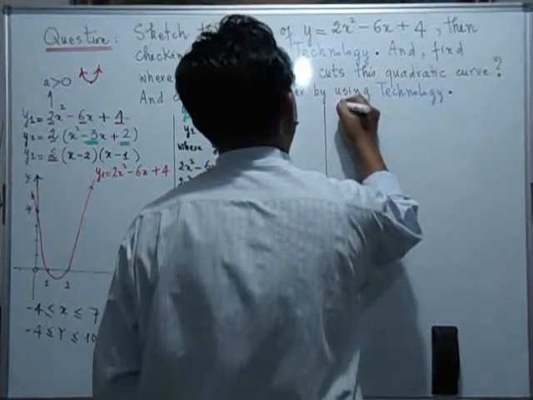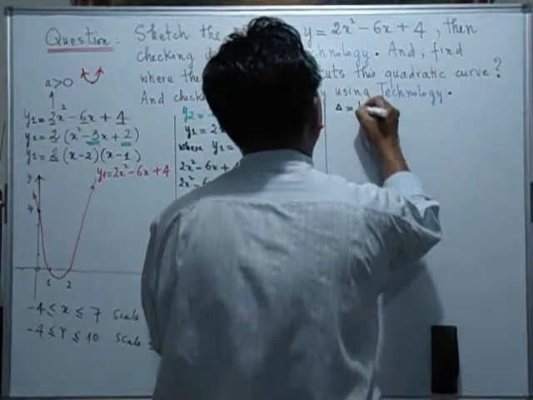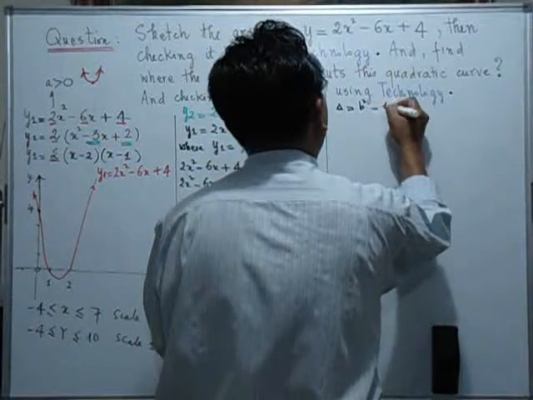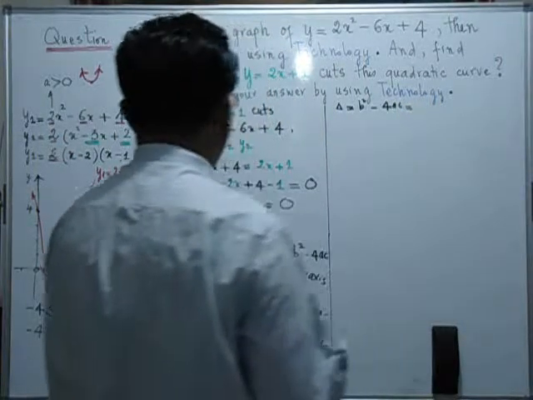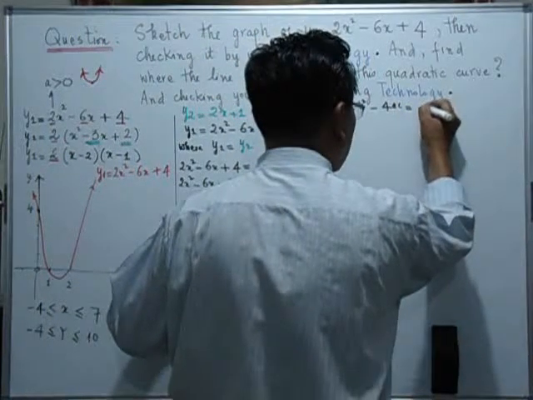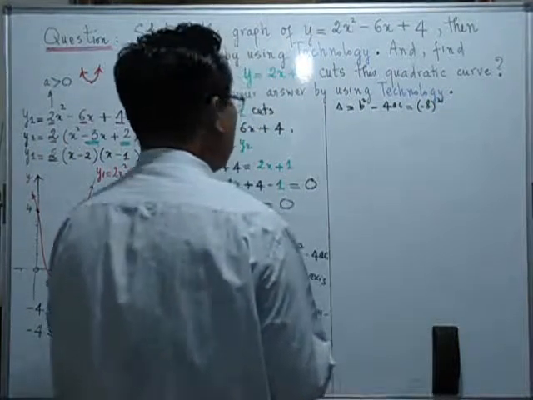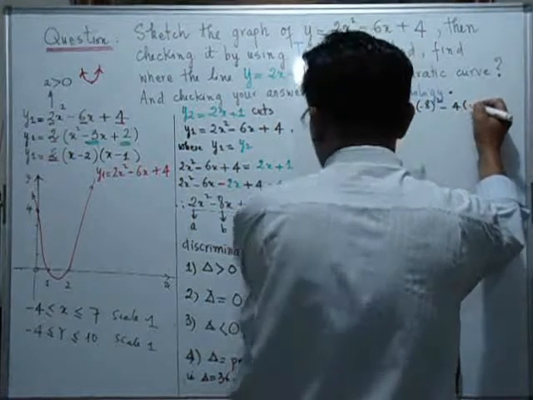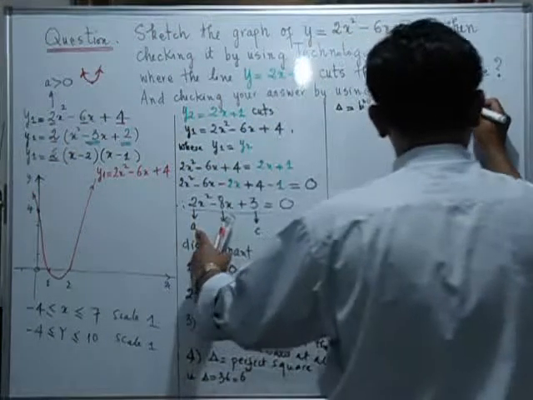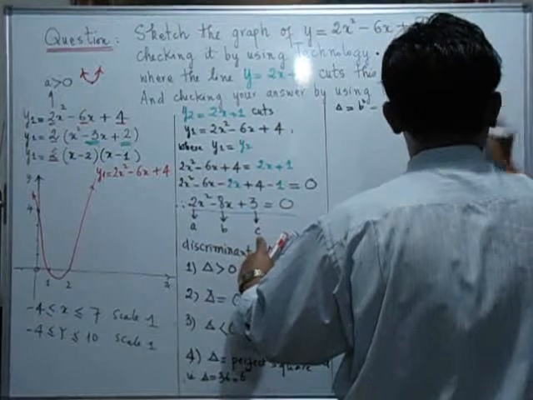So in this case, b power 2 minus 4ac. b is minus 8, so 8 power 2, minus 4, a is 2, and c is 3.